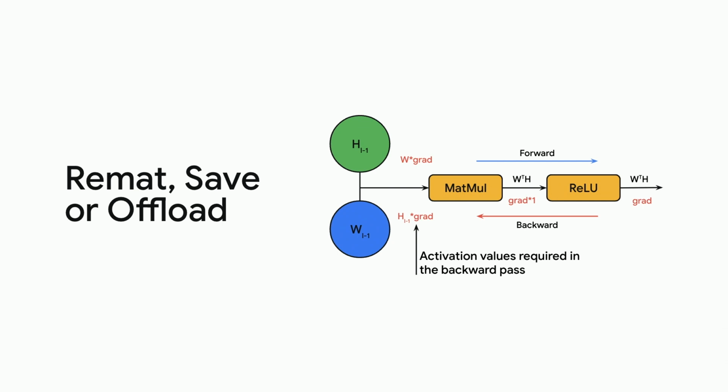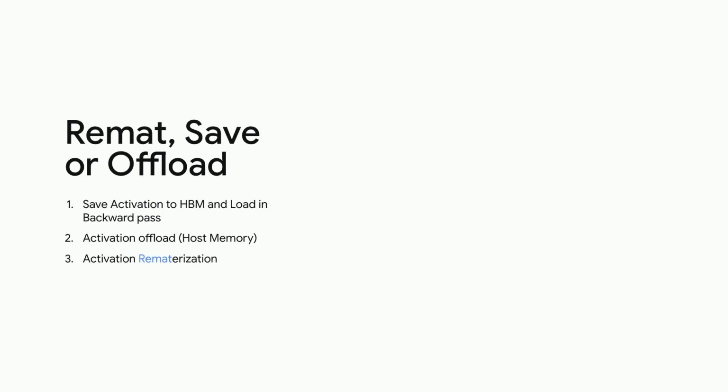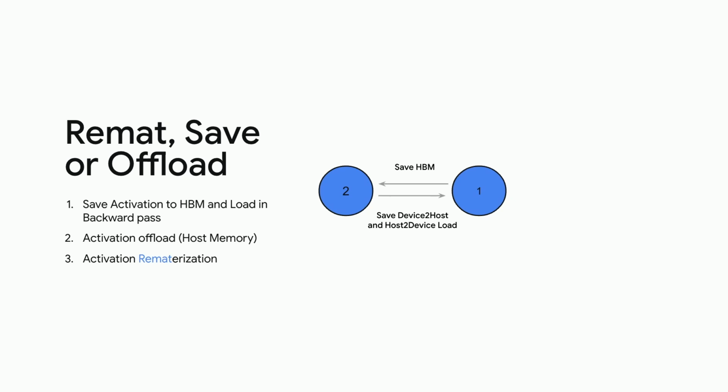In case of large models, since we are memory constrained, we look for options to reduce the accelerator memory usage. And we do this by making some trade-offs. This diagram shows these trade-offs. If we decide to offload activations to the host memory, we trade off with host to device read time penalty.